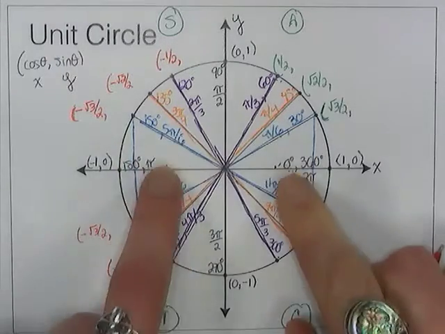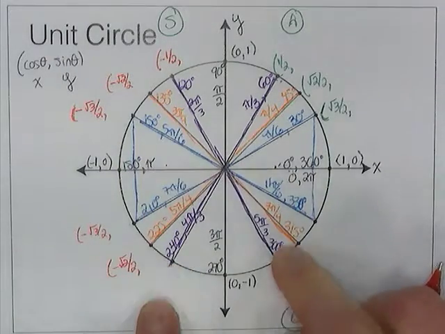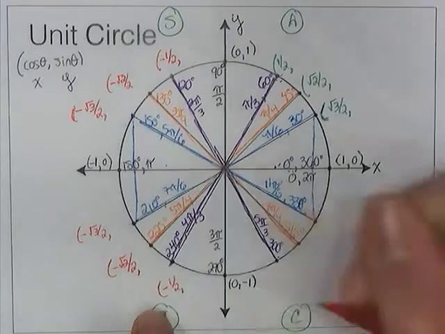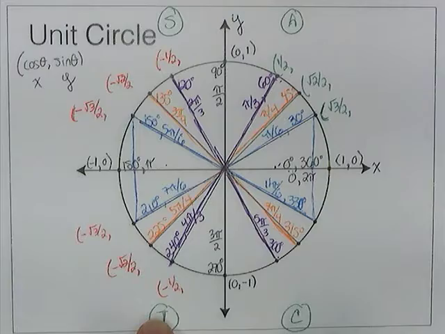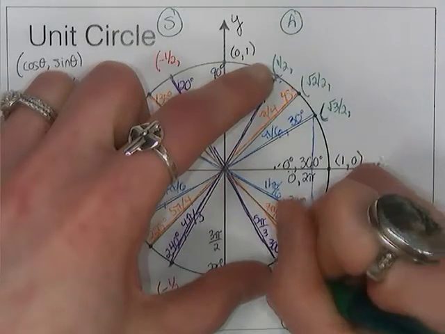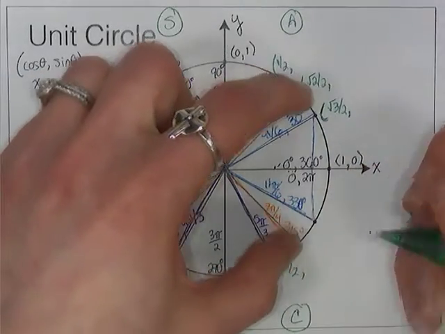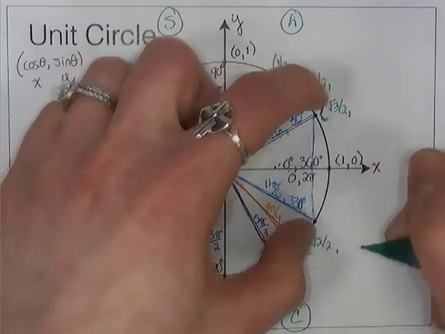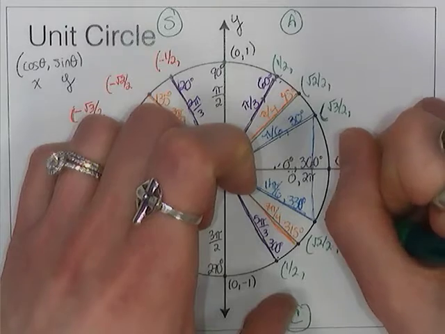And the purple has the same reference angle, same x value, -1/2. Finally, in quadrant 4, cosine's positive again, because we're moving this way. So, same values for purple, positive again, orange, positive, √2/2, and blue is the √3/2.